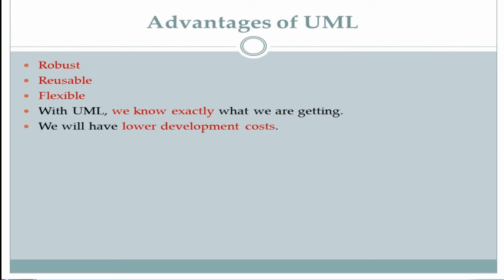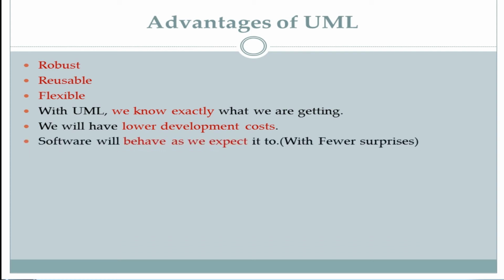With UML, we will have lower development cost. Now consider we are developing a system, and we get the view of how it will take input and how it will provide output. If we come to know this in the early phase of development, it will help us lower the development cost in the future. That is a big advantage of UML.